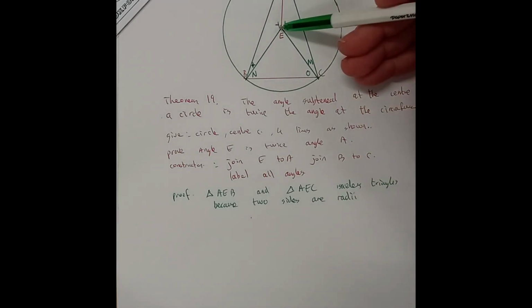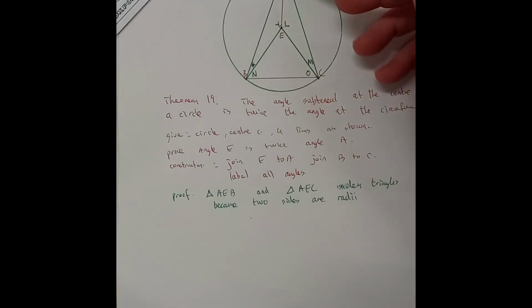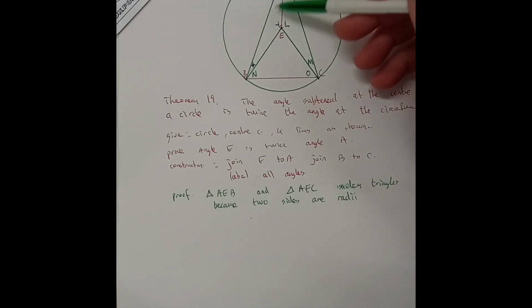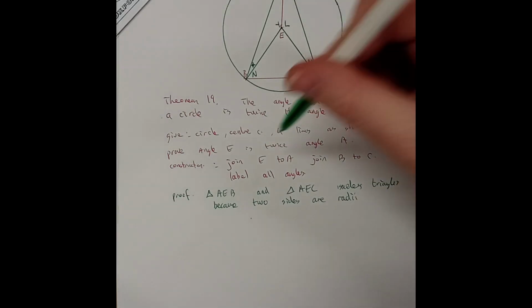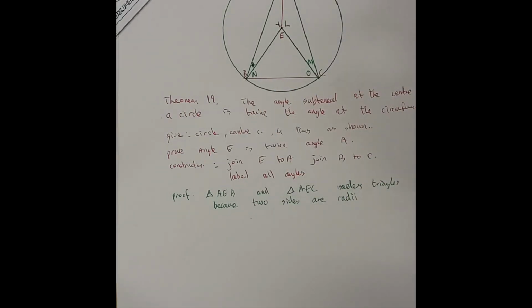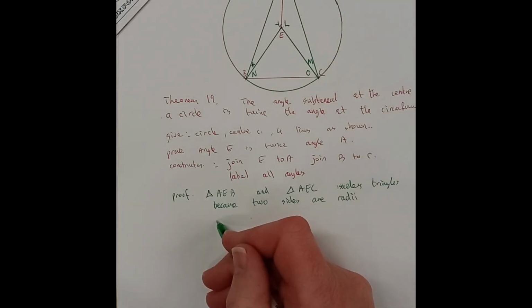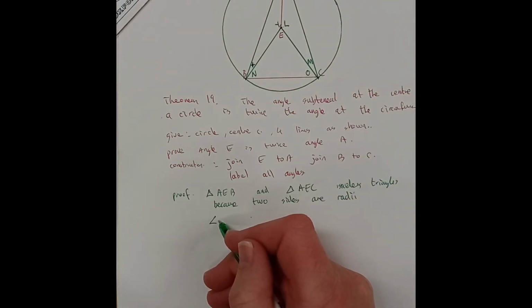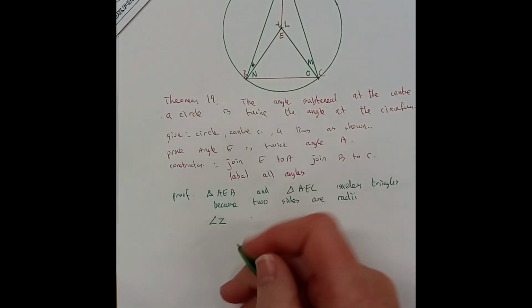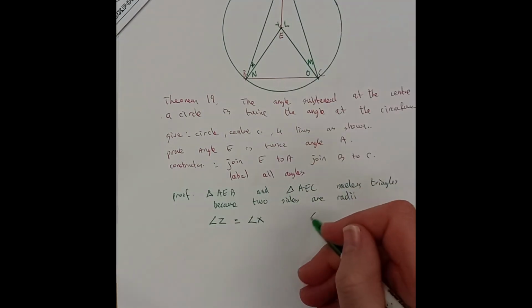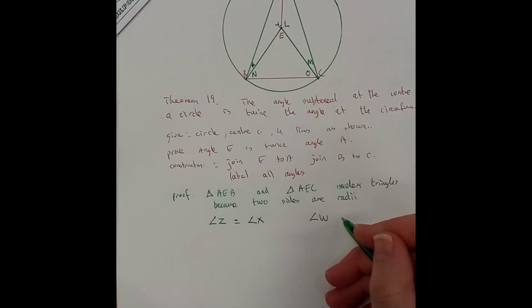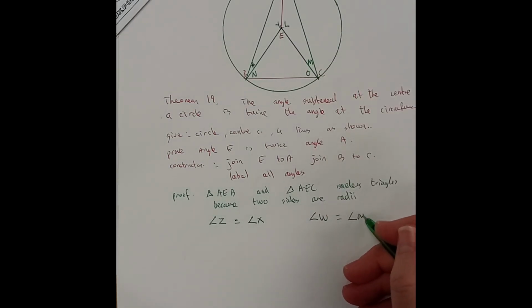So if you look at it carefully, that's a radius, that's a radius, that's a radius, that's a radius. So this triangle and this triangle, they're isosceles triangles. They're not congruent, not similar, they're isosceles. In other words, they share the rules of isosceles triangles. And what does that mean? It means that the angle at Z is equal to the angle at X. And the angle at W is equal to the angle at M.